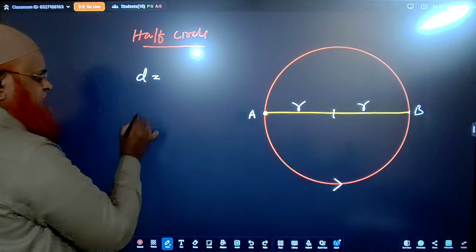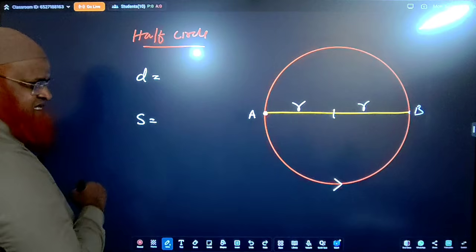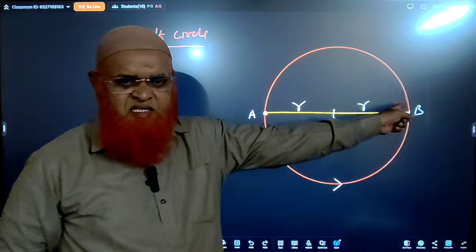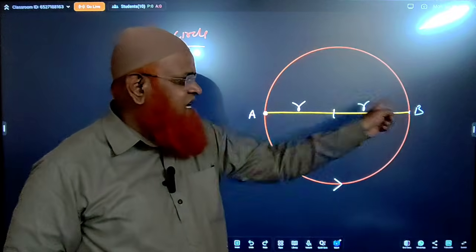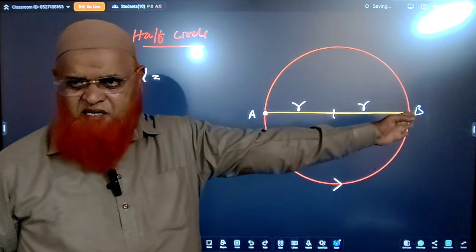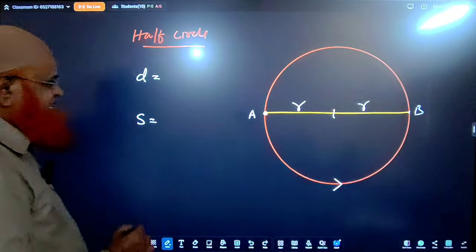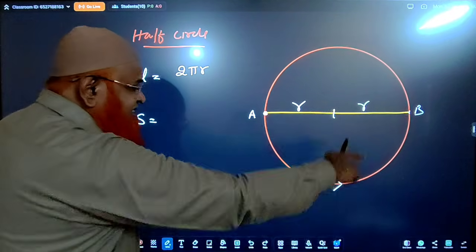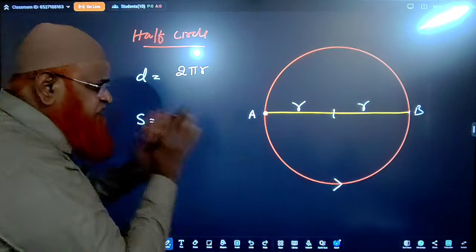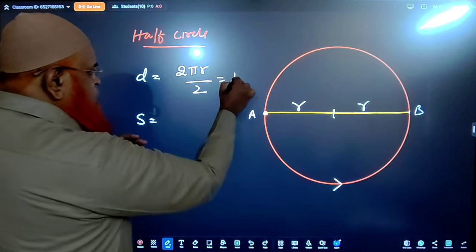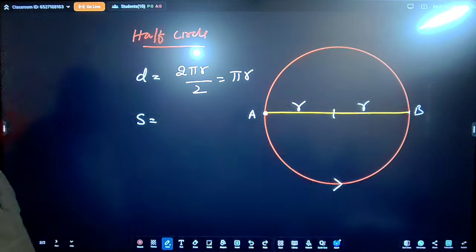Distance is taken as small d, displacement is taken as s. Distance is nothing but this path you have to consider. Displacement means you consider the initial point and final point and draw a straight line. That is going to be the displacement, isn't it? So here distance is going to be, 2 pi r being the circumference of a complete circle, 50% of that, which is half the circumference, 2 pi r by 2, which is nothing but pi r.